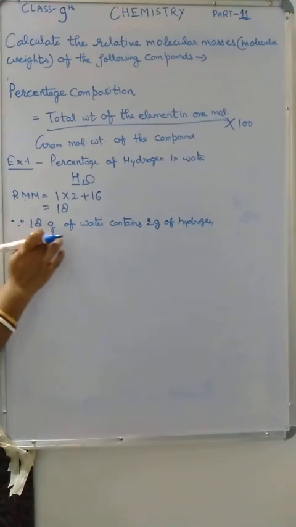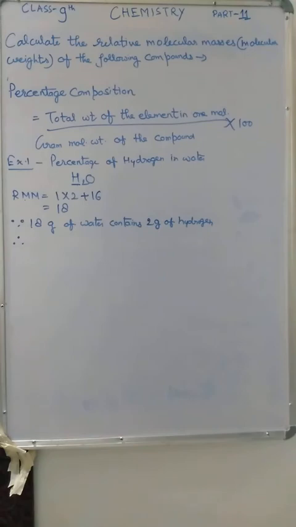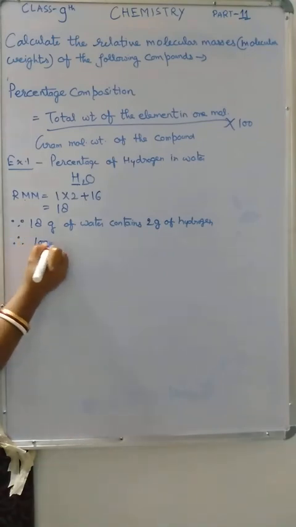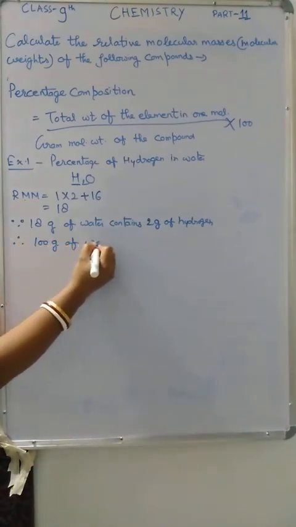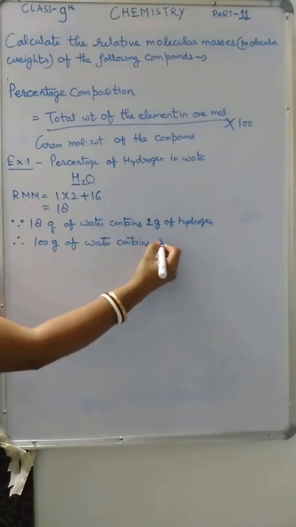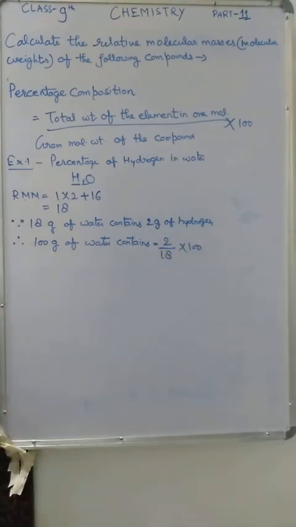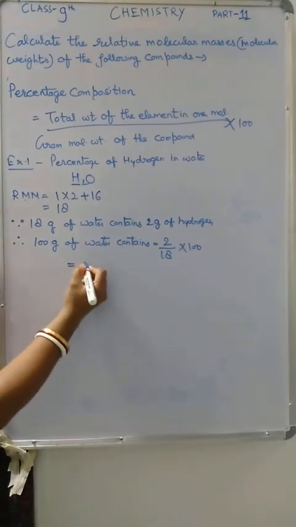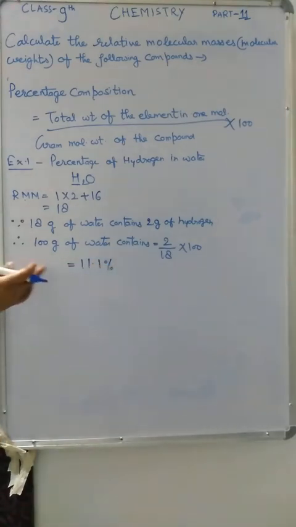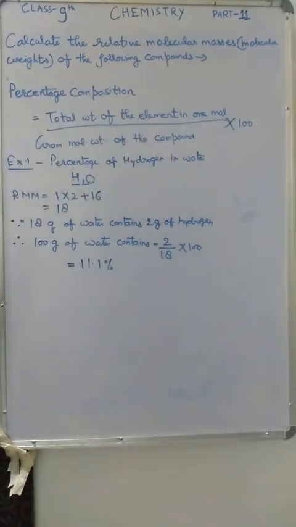So since 18 gram of water contains 2 gram of hydrogen, 100 gram of water contains 2 upon 18 into 100. So you will get the answer 11.1%. This is the method to find the percentage of any particular element in a compound.